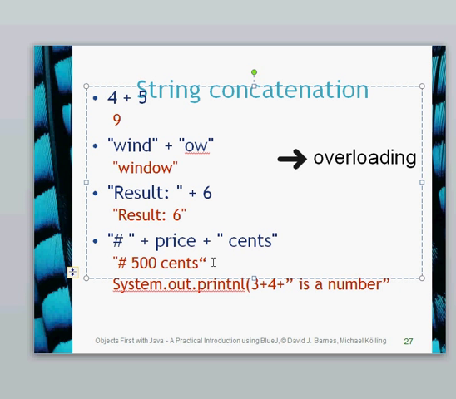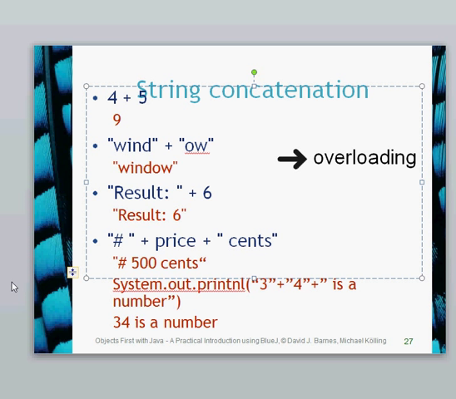So with string concatenation, if you use plus with two integers before you use a string, then it actually does the addition. However, if you start to introduce a string, then it will create a string. So if we did "" plus 3 plus 4, the output would then be "34 is a number". There are a few little exercises there for you to do when it comes to string concatenation, so try and get used to what goes on there.